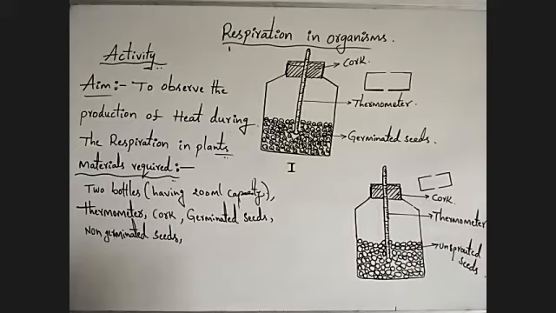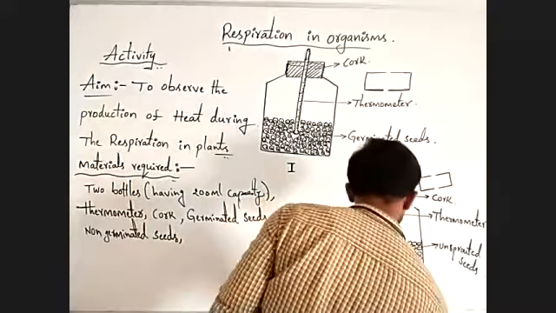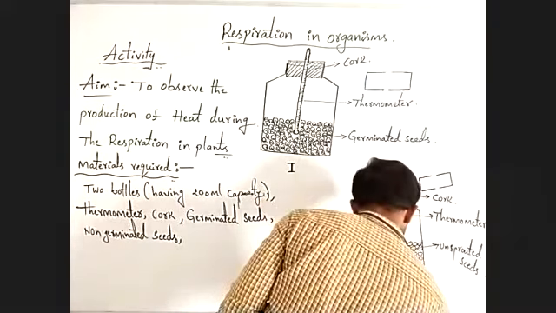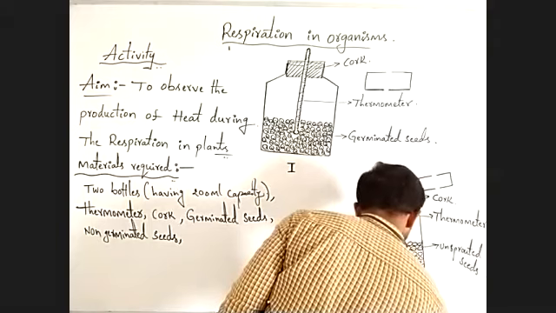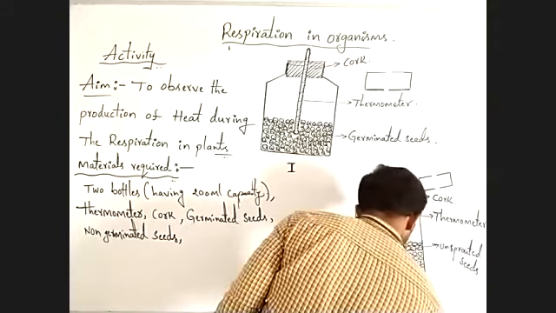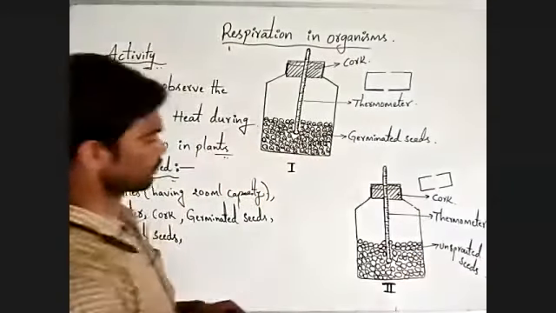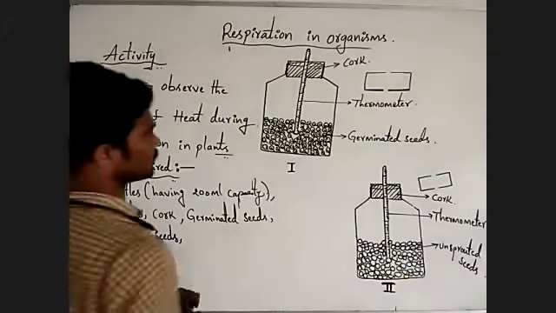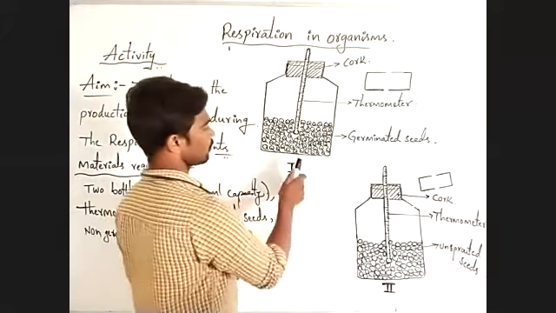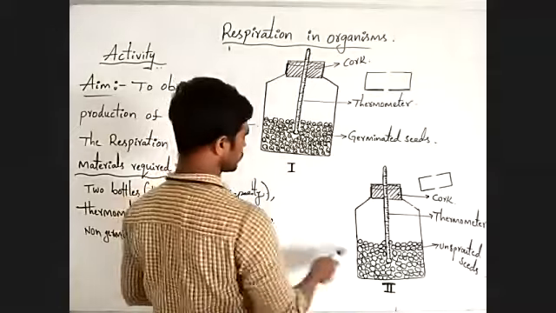Unsprouted seeds. Okay, this is setup 2. Now we have to place the first bottle and the second bottle.